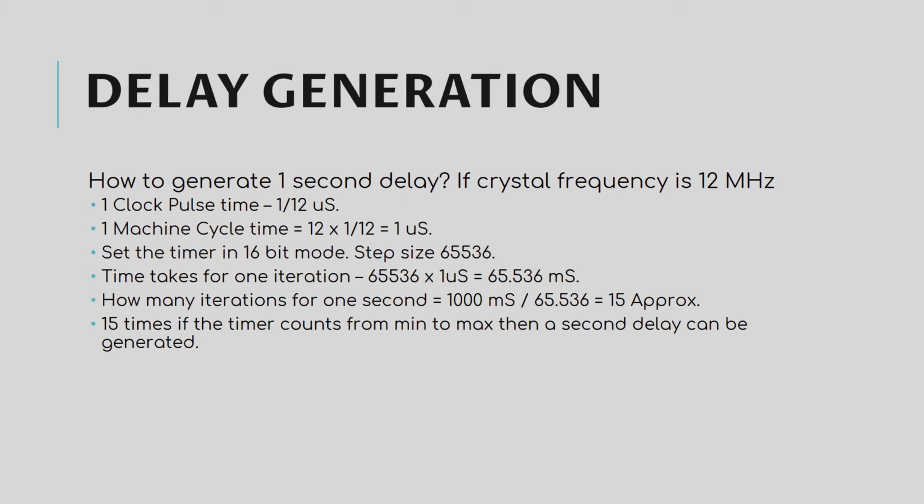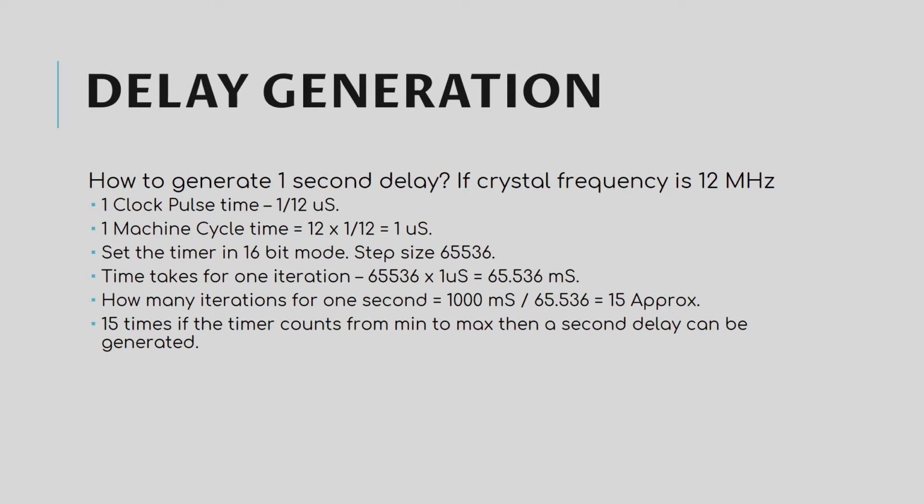So if we set the timer in 16-bit mode, the step size will be 65,536. So the time taken for one iteration by any timer will be 65,536 into 1 microsecond, and we can write 65.536 millisecond.